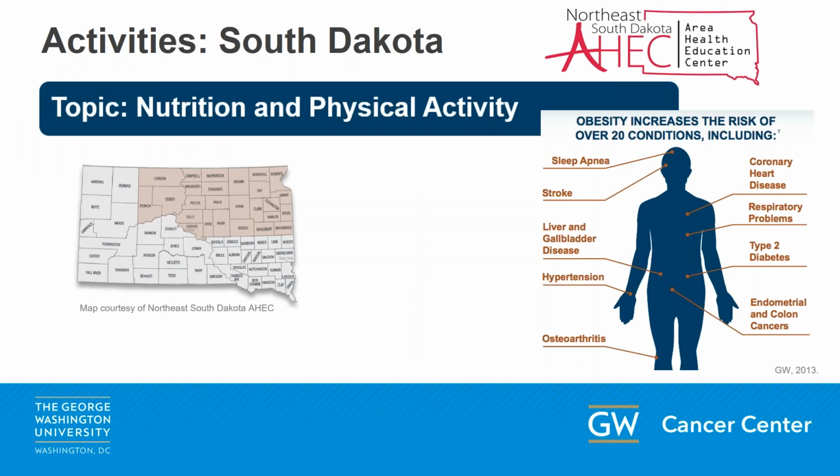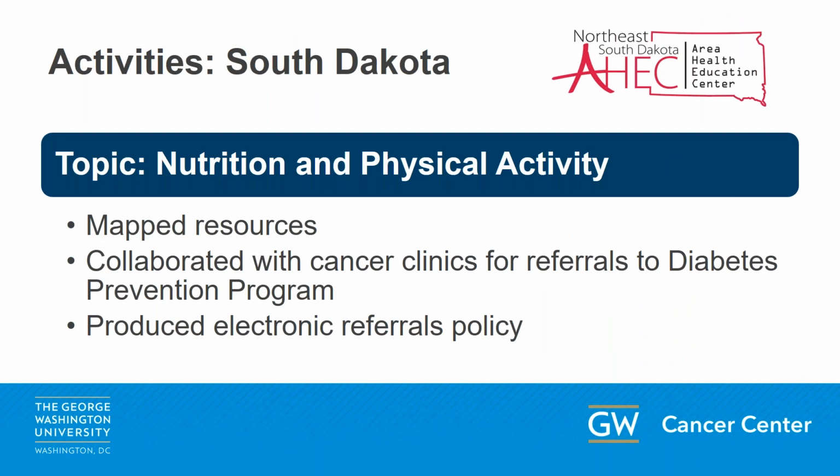The fourth and last roundtable was in South Dakota. They also focused on nutrition and physical activity with a special focus on access. So the Northeast South Dakota region is highlighted in brown on the map. And what they were able to accomplish is something similar to Florida.